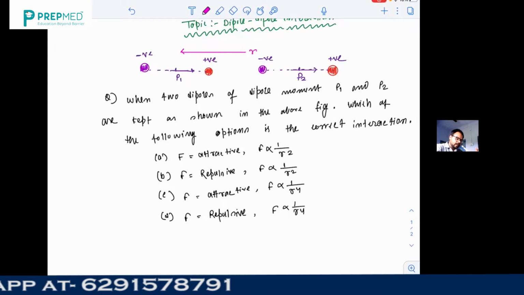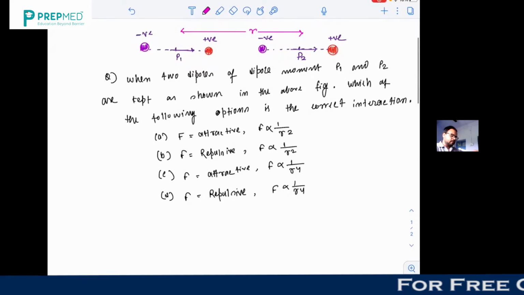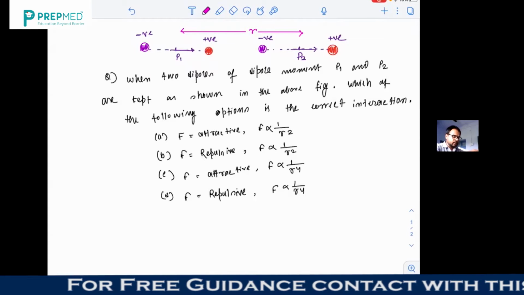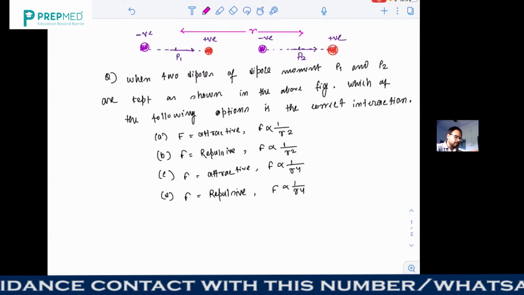Let me first explain the diagram, then I will tell you what you actually have to find out. So R is given. Which of the following options is correct about the interaction between the two dipoles? This is why we are calling the topic dipole-dipole interaction.